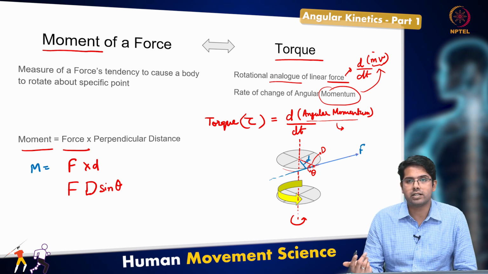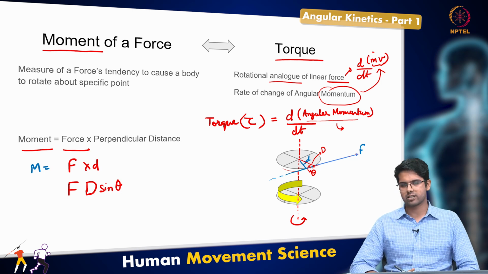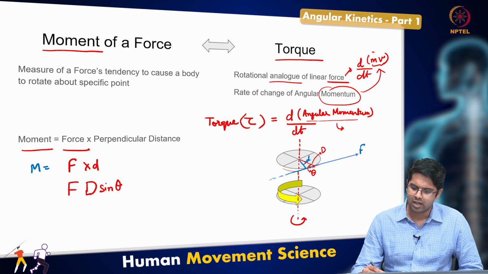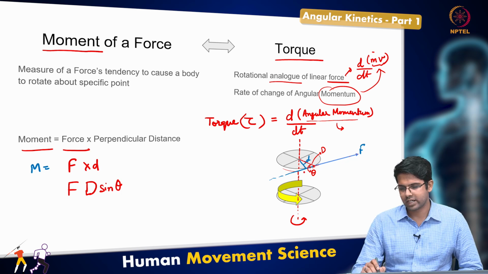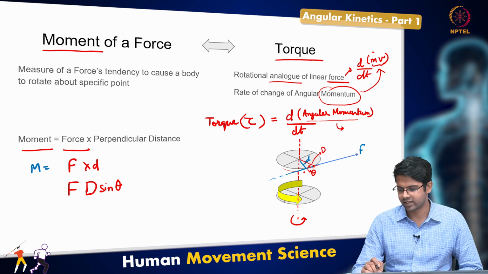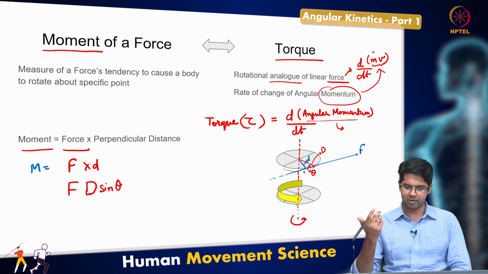This doesn't need to be a disk; it could be any body, any object rotating about any axis. The only thing that matters is the perpendicular distance to the line of action of the force acting on the body. That's all that matters for our calculations, or to understand this quantity as a fundamental quantity.